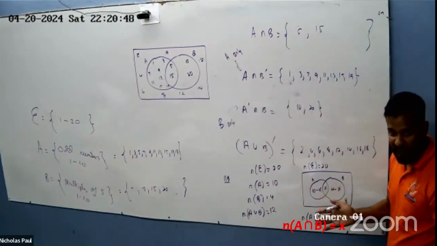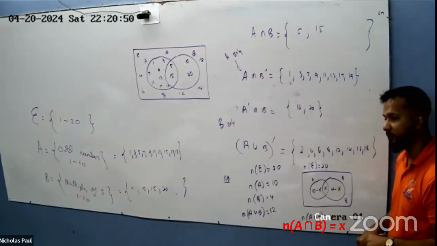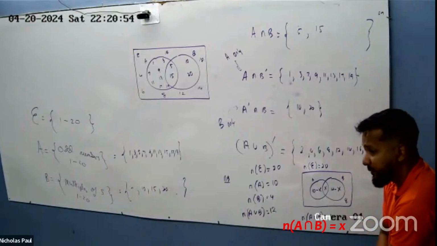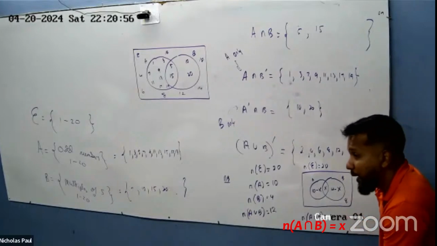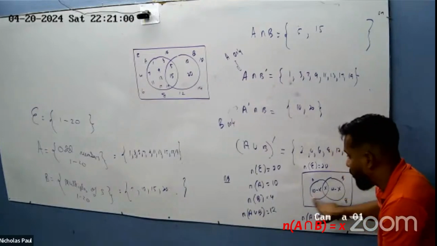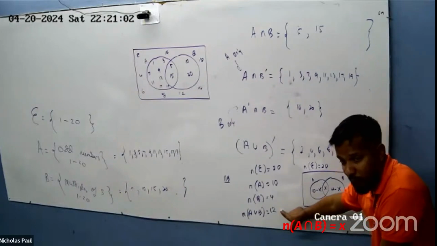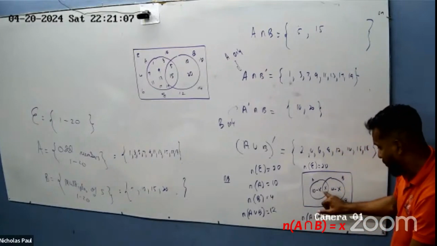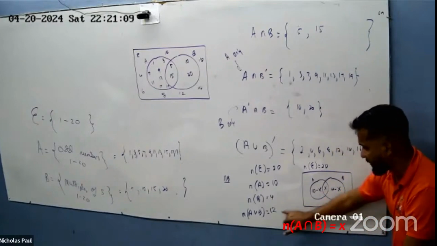We know what the answer is, but how to get it? Anybody? What to do? Add up. Add up what? This and this, and make it equal to 12. So this plus this is 12.